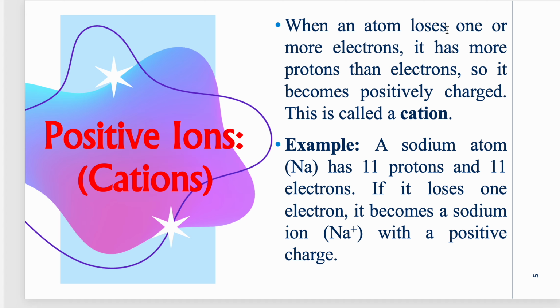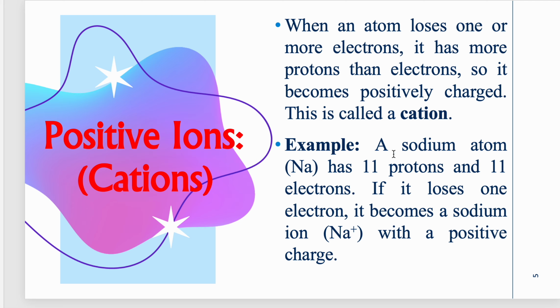In this way it becomes positively charged. This is called a cation. I just explained that you can remember it with the concept of cat. A cat is your friendly pet animal, so you have good, positive vibes with a pet cat.